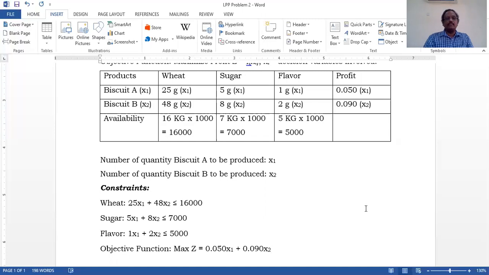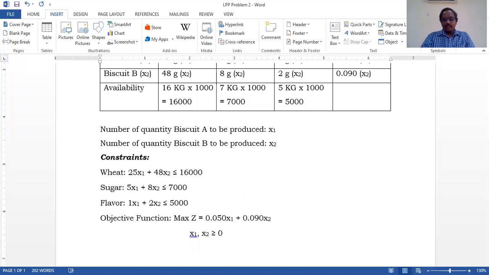So we formed the constraints, we identified the objective function. And then finally, we have to complete with the non-negativity condition. All our xi's, or if you want, you can write separately x1, x2, should be greater than or equal to 0 because we are producing quantities, so the quantity cannot be negative.